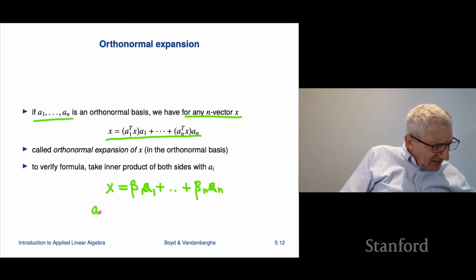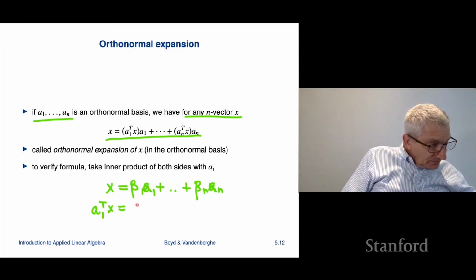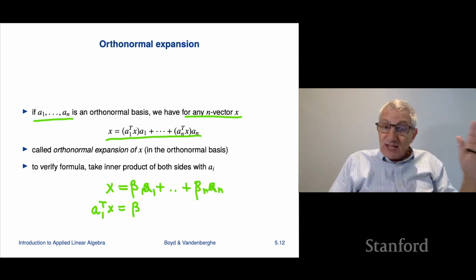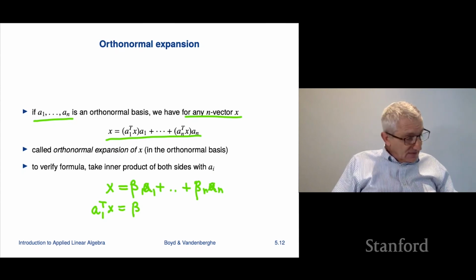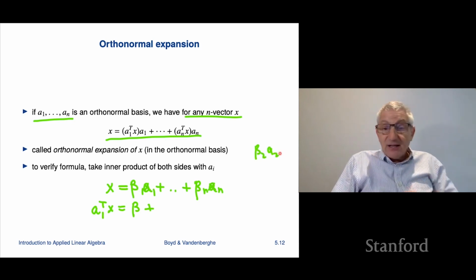On the left, I get the inner product of A1 and x, and on the right, I get the inner product of beta 1 A1 and A1. That's beta 1 times the inner product of A1 and A1. But these are orthonormal, so that's 1. Now, how about the inner product of A1 and the second term, which is beta 2 A2?